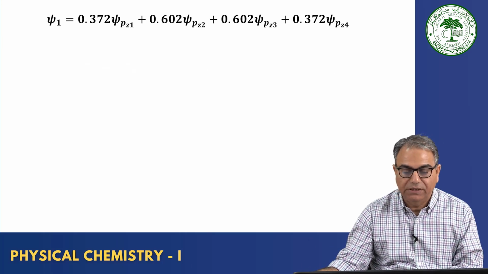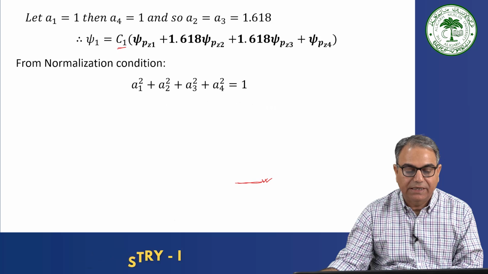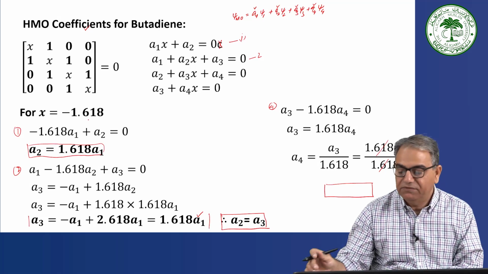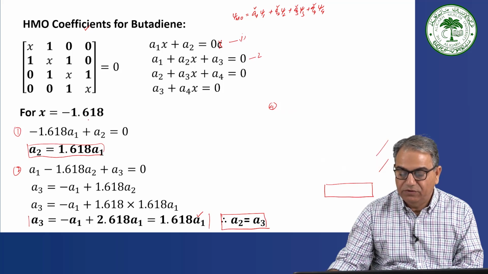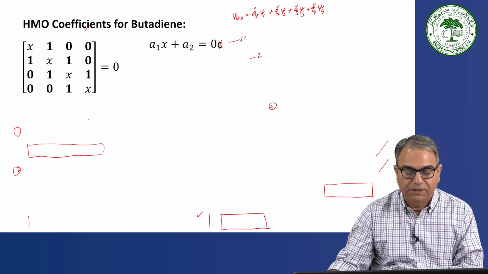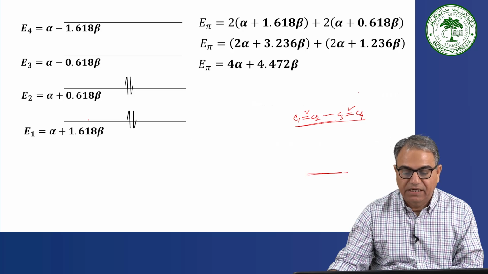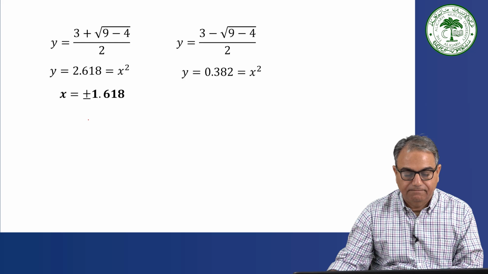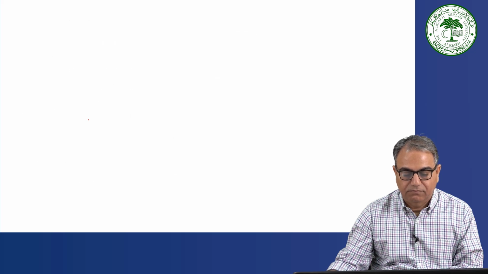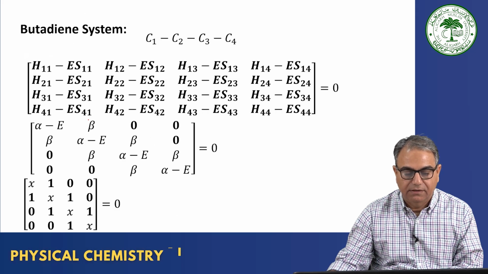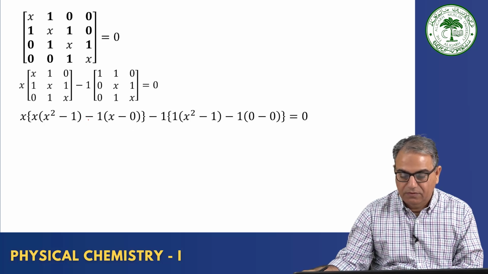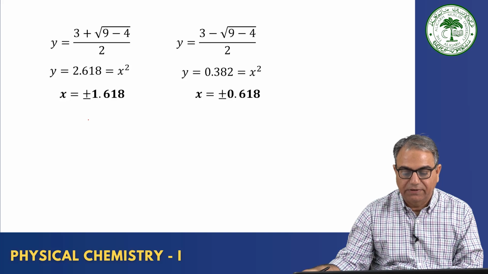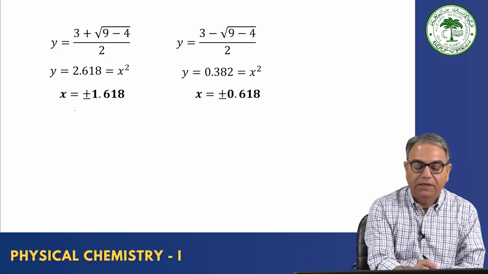See, the x value was, when I started, I talked about placing x is equal to minus 1.618. But how many values do we have? The x values we have are 1.618 and 0.618.